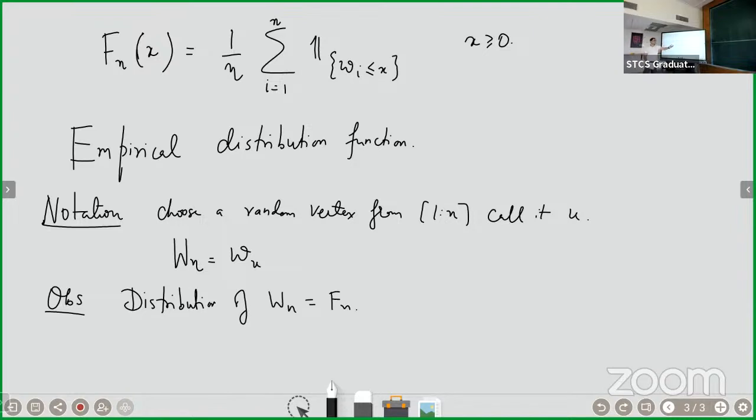What am I doing? Just going around the whole graph, picking one uniformly at random and defining that weight to be this. This is just written in a different form. Because this 1 by n is nothing but the probability with which I'm choosing each vertex. Once I choose whoever, that's exactly what I'm going to see. So it's a redefinition.